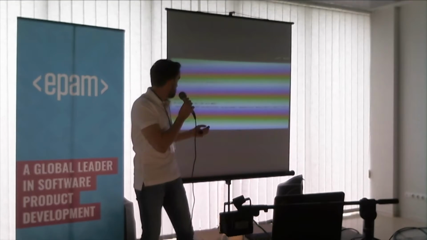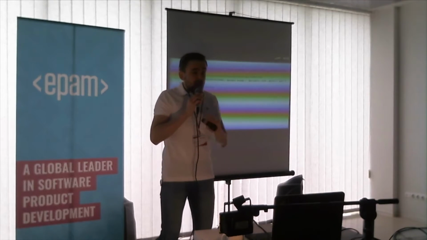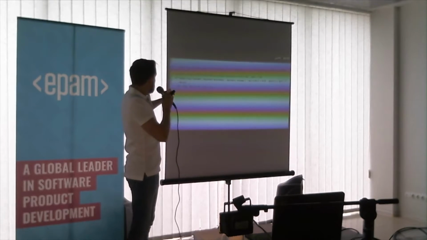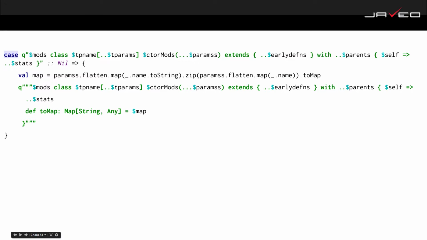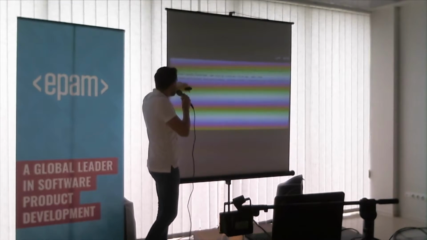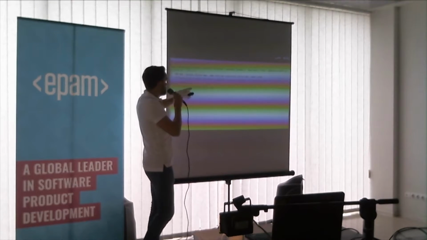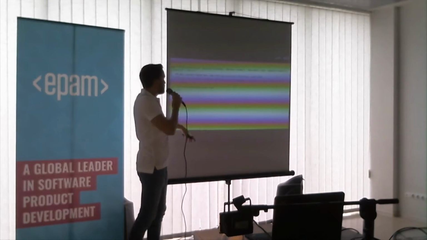I didn't include it on this slide because it wouldn't fit. So, skipping the whole required syntax, this is the body of our implementation, and what it does is extract what is important from our class, and we are building a new class with the same signature, with the same body of the class, and we are adding here this toMap method, which returns a Map of String to Any.